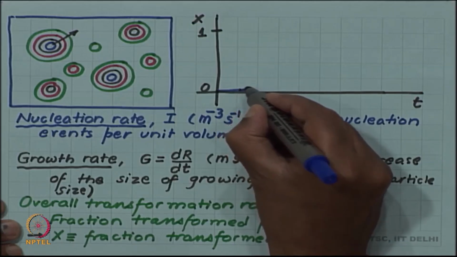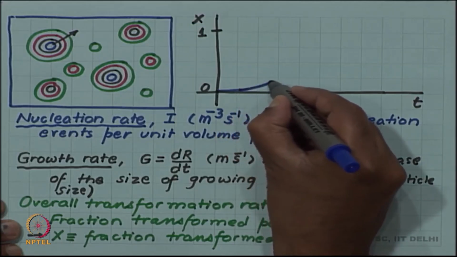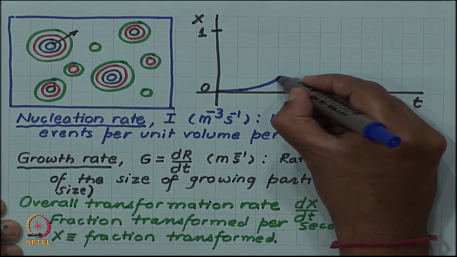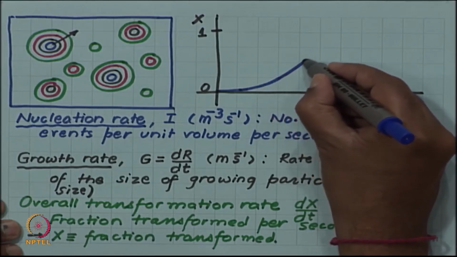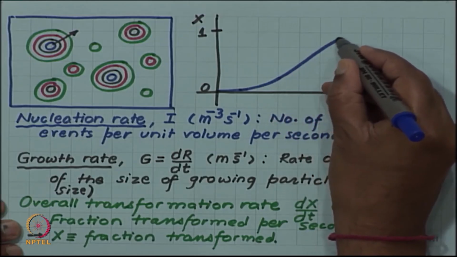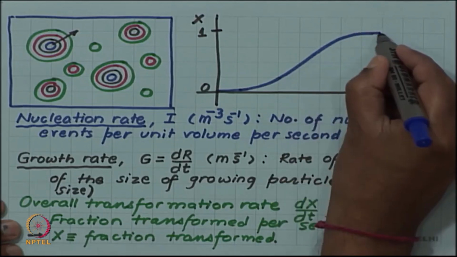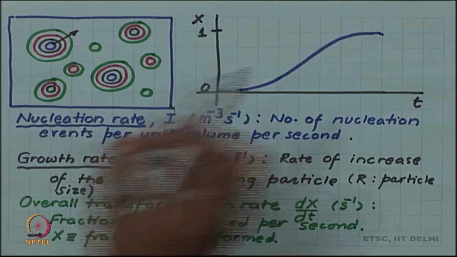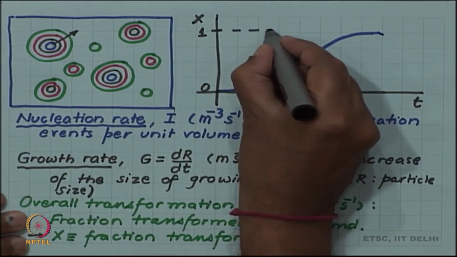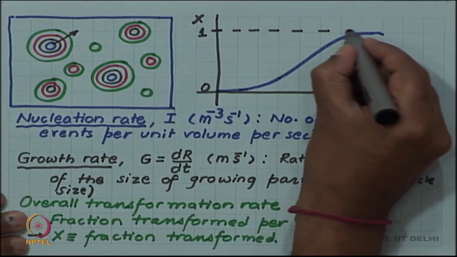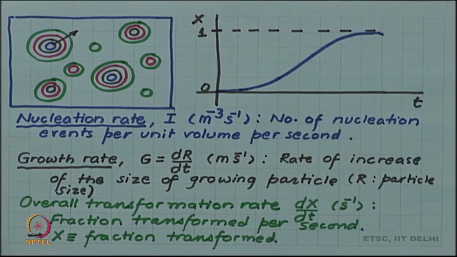So, the overall transformation rate will pick up, but gradually towards the end of the transformation it will again slow down when it reaches the value of 1. So, this slowing down you can appreciate from here.